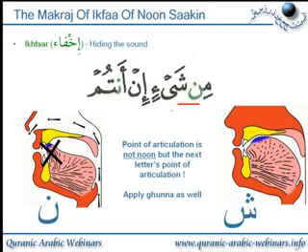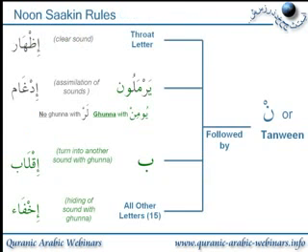So that is Ikhfaa. So recap. Noon Saakin or Tanween followed by the throat letters is a clear sound, I pronounce normally. That's known as Izhar. If it's followed by one of the Yarmaloon letters, we do assimilation, known as Idghaam. If it's one of the Lam or Ra letters, you do no Ghunna.